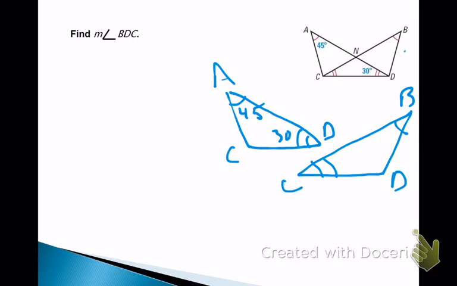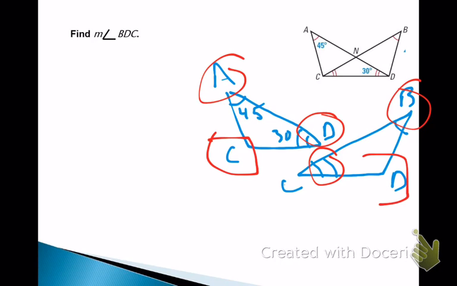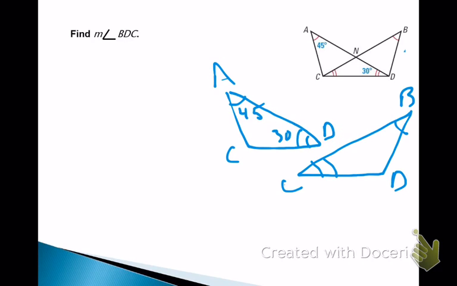Now, what this diagram tells me is that these angles are congruent and these angles are congruent, which means that automatically these angles are congruent. So if I find this angle, then I'll be able to find this angle. Okay? Well, we find angle C by remembering that if you add up the angles of a triangle, they have to add to 180.